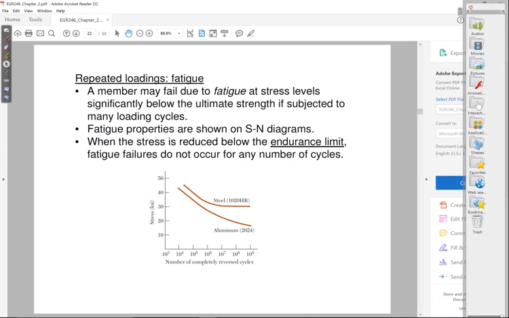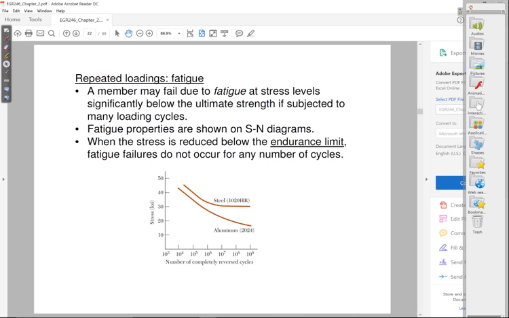You're decreasing its ultimate stress, and eventually you decrease it to a value that's so low that even a small amount of stress will break it. Unfortunately, there's no theory behind this, and there's no way of predicting how many times you can load something before it breaks.